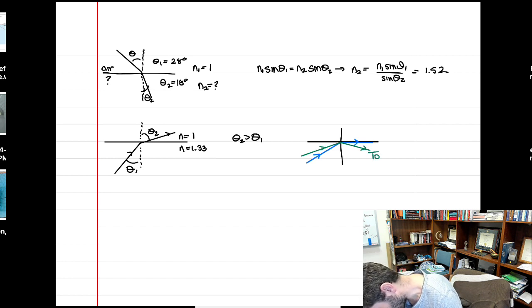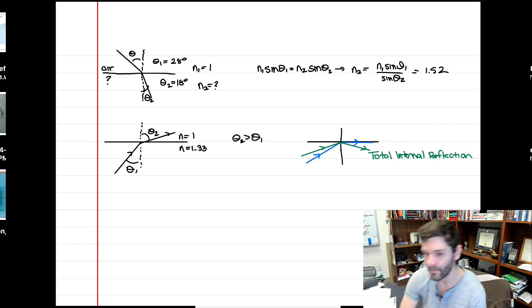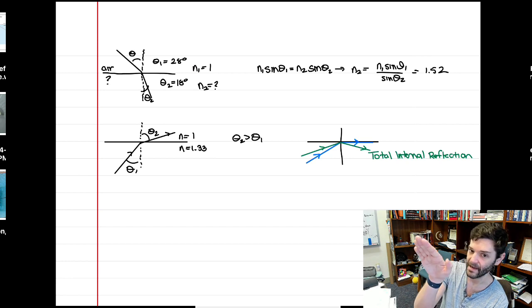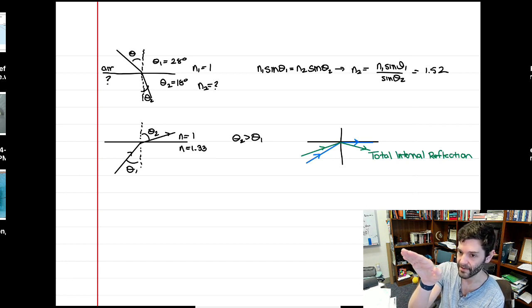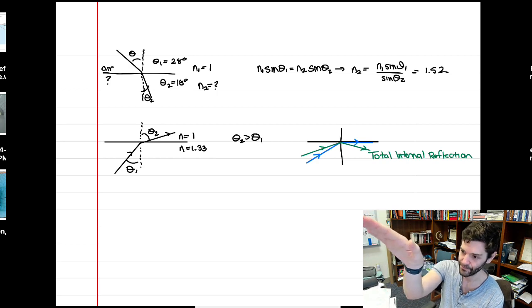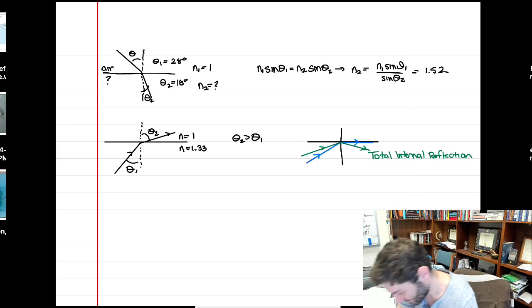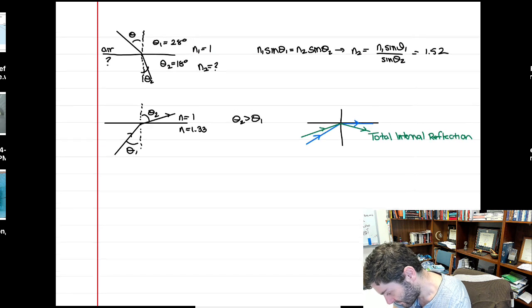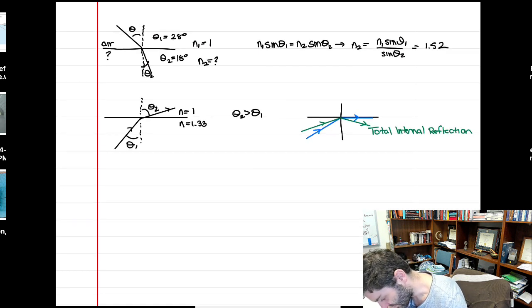This is what's called total internal reflection. Not because it hit a mirror, but because, going from water to air, there is an angle where if you shine the light at that angle, the image won't go through the water, but instead will bounce back. This critical angle, I'll call it theta crit.